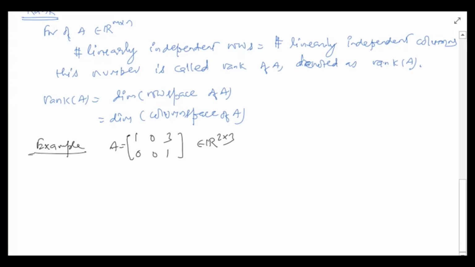There are only 2 rows and the 2 are linearly independent, and it can be seen that the number of linearly independent columns is also 2. So rank of A is 2.